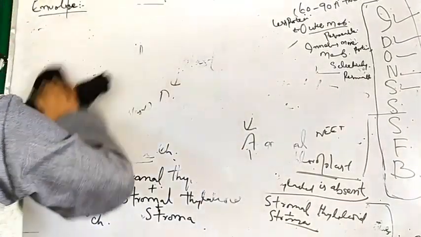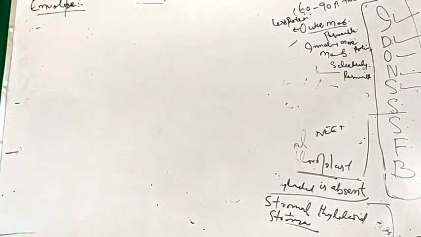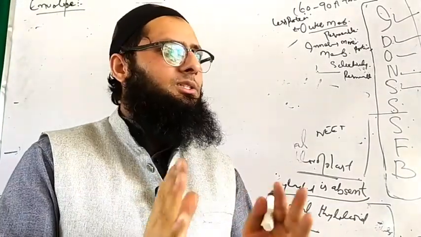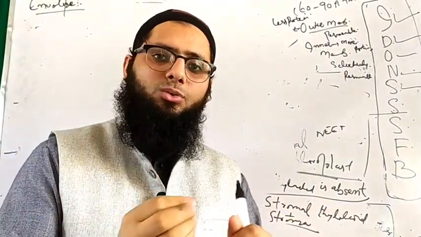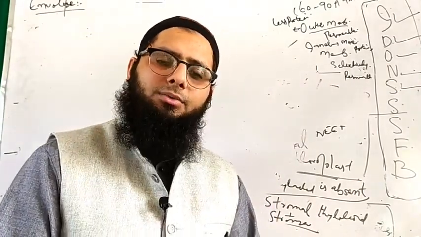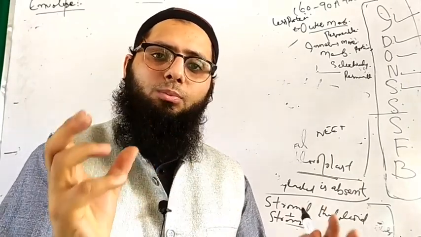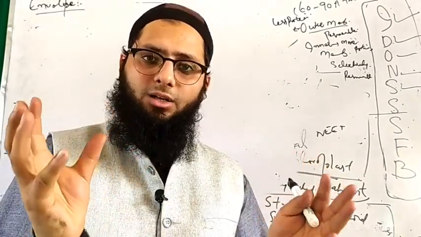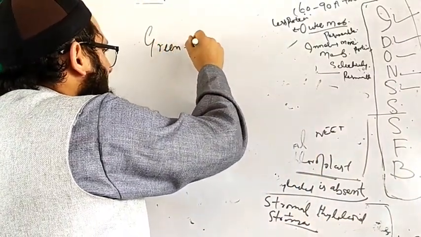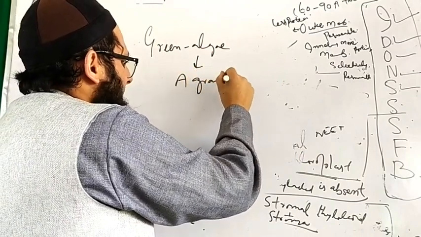So where are the granal and agranal chloroplasts present? The granal chloroplast is present in the mesophyll cells of C3 and C4 plants. However, in bundle sheath cells of C4 plants, we have agranal chloroplast, and agranal chloroplasts are also present in green algae. Green algae also have agranal chloroplast.